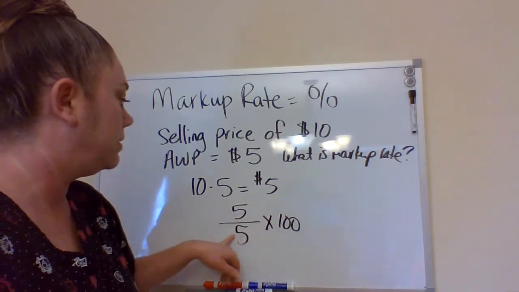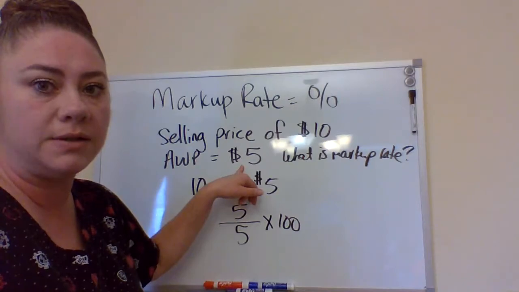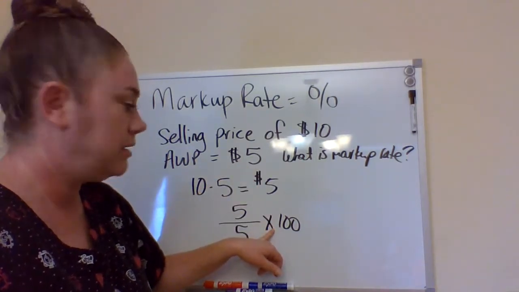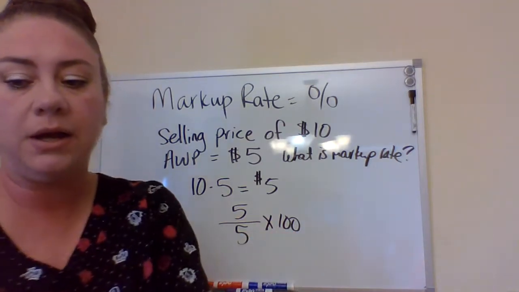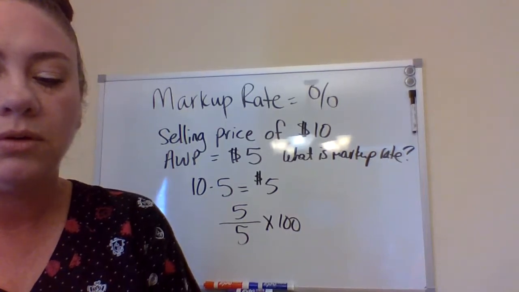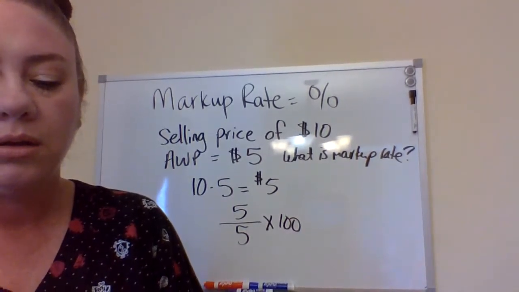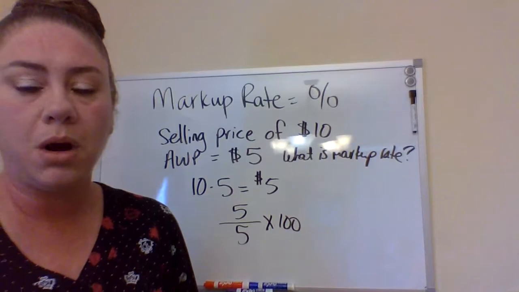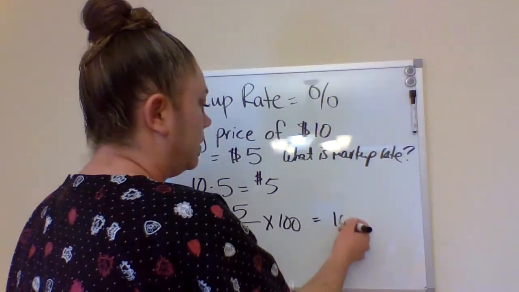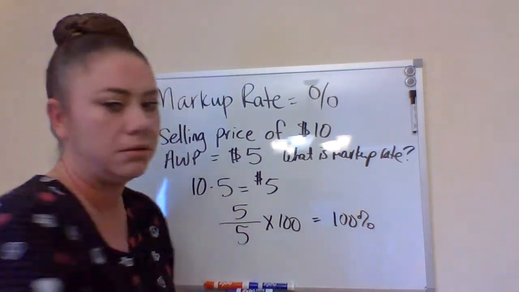The markup divided by our average wholesale price, what we as the pharmacy purchase it at, and then you're going to multiply that by 100. That is what's going to give you your markup rate. In this case, it would be a markup rate of 100%.